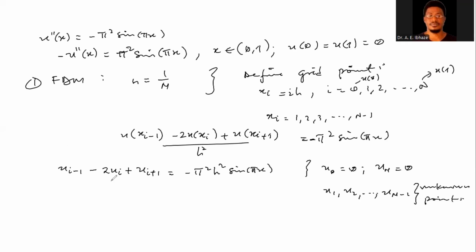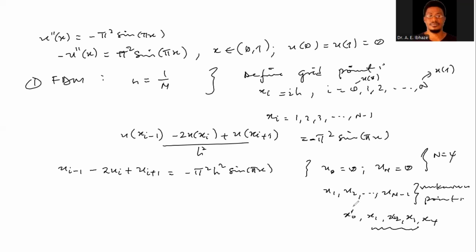So let's assume n is the same as 4. It means we have x_0, x_1, x_2, x_3, then x_4. So we have 3 unknown points.